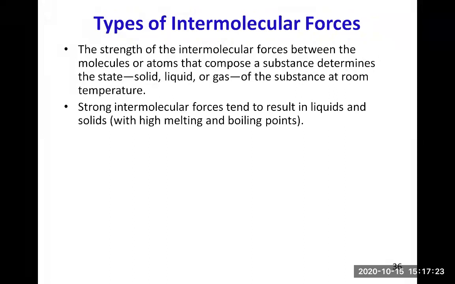Strong intermolecular forces tend to result in liquids and solids, so substances with high melting points and high boiling points, because the strong intermolecular forces hold the molecules packed together, so that gives a liquid, and if they hold them rigidly in place, then you have a solid.